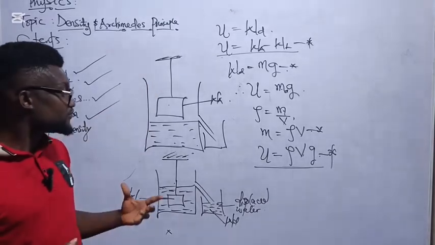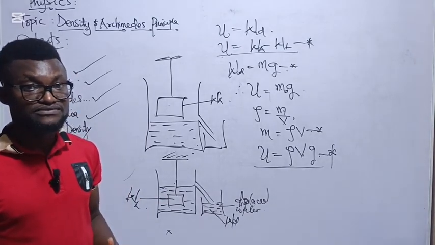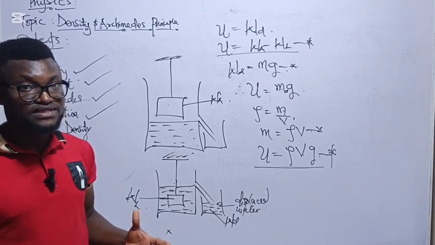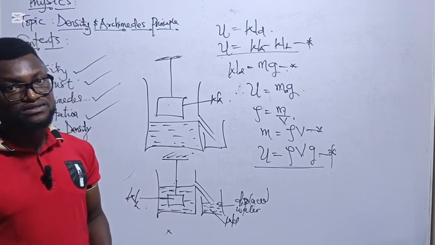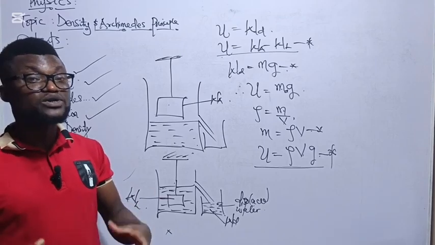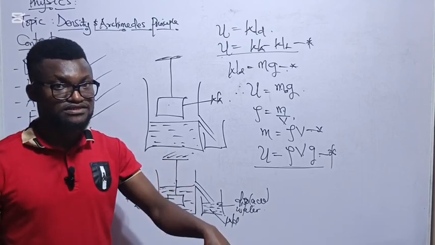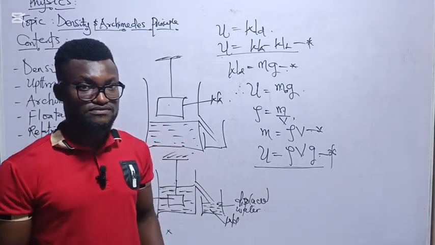Now, the principle of flotation states that when a body is immersed in a fluid, it displaces its own weight in fluid. Hence, if you say that a body is floating, it means that the weight of that very body will be equal to the weight of the displaced liquid.